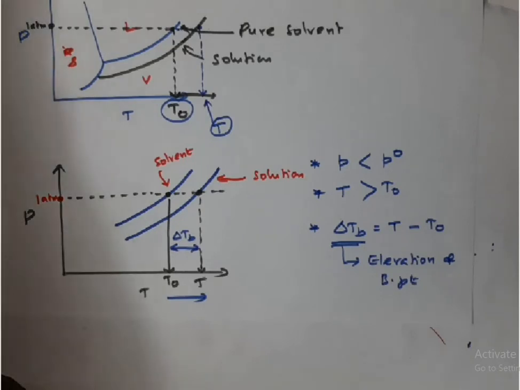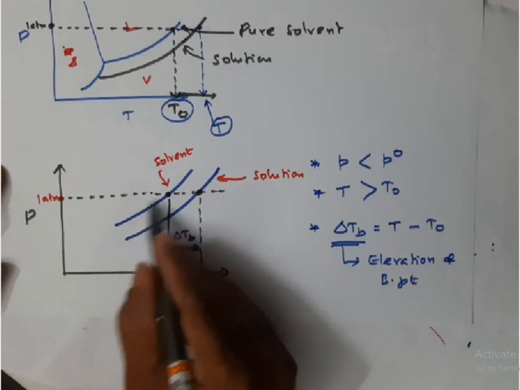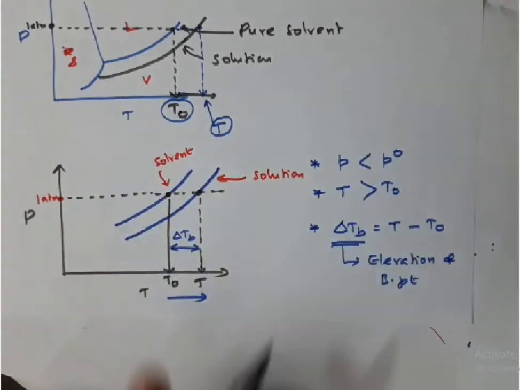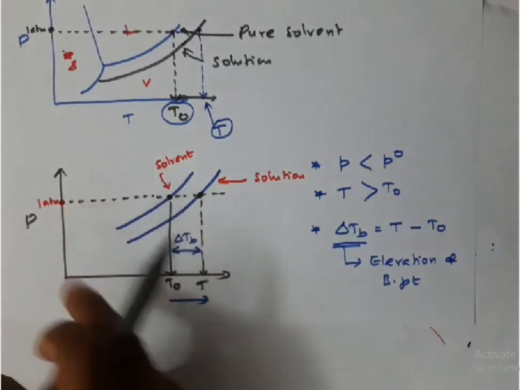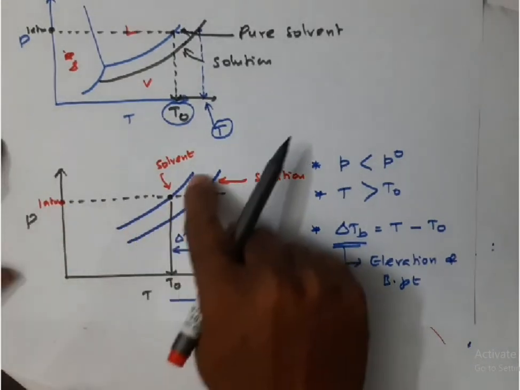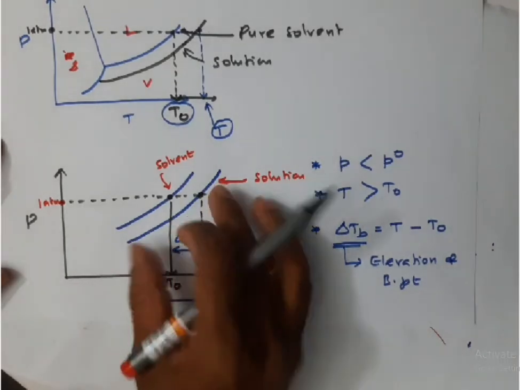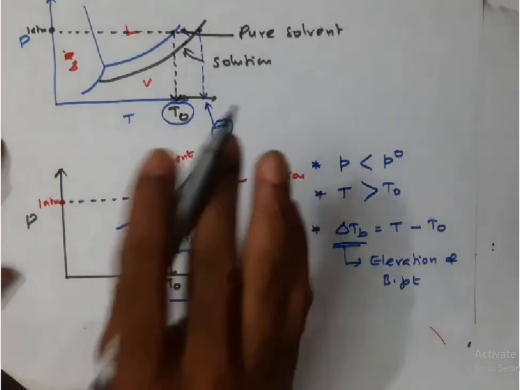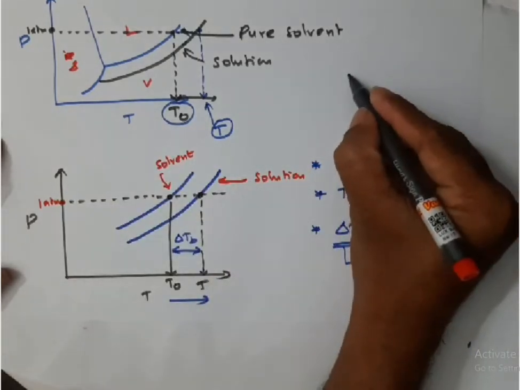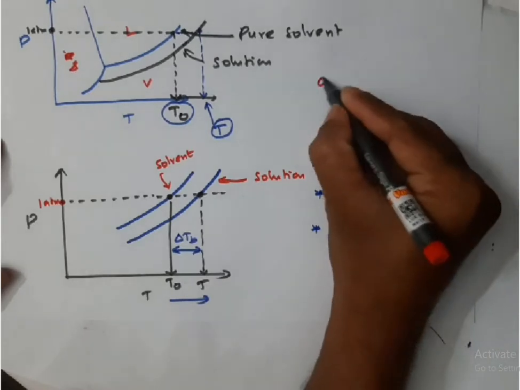Now, suppose I take some pure solvent, and I get some curve like this for various external pressures. The boiling point will appear like this, and I'll take some solution by adding some non-volatile solute. Students, suppose I add some amount of solute, say 0.1 gram of solute.